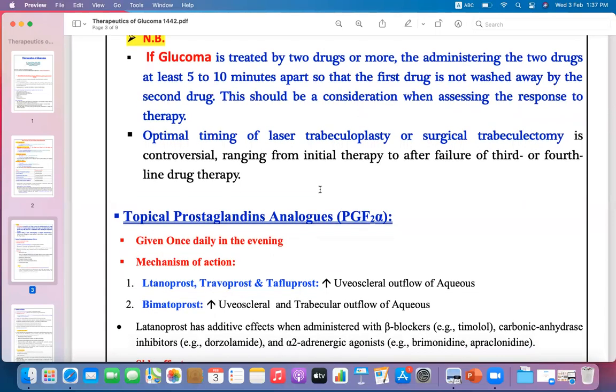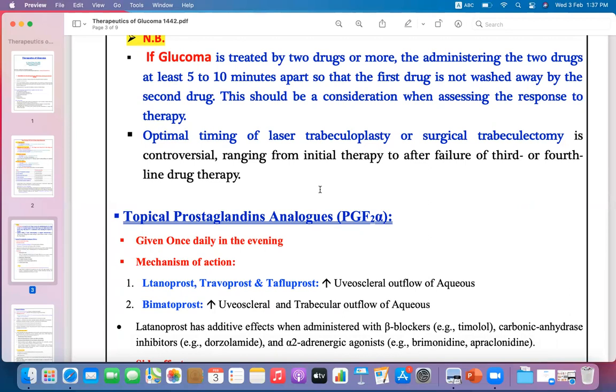So it means that the decision for trabeculotomy should be taken as soon as possible to avoid difficulties in the management of the case.